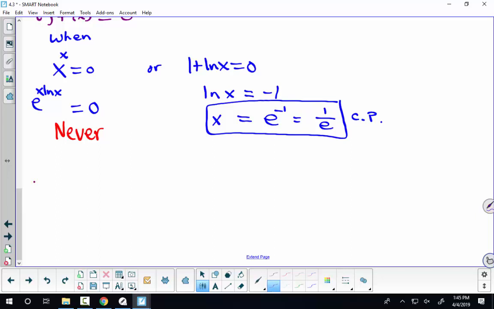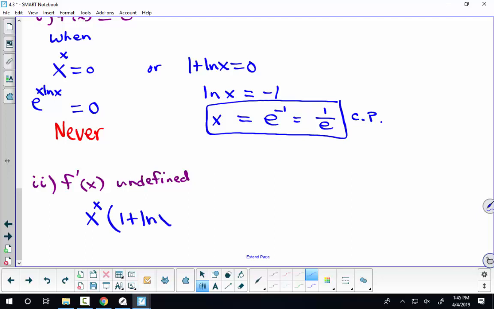And then we want to know, is the first derivative ever undefined on its domain? Okay, there's our first derivative. We already know the domain of x to the x is 0 to infinity.